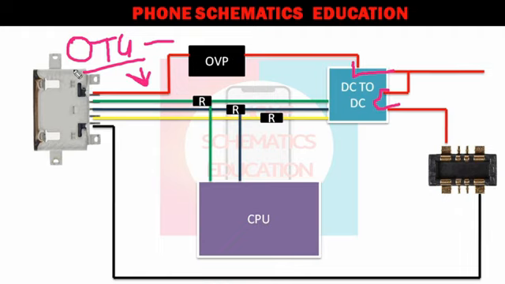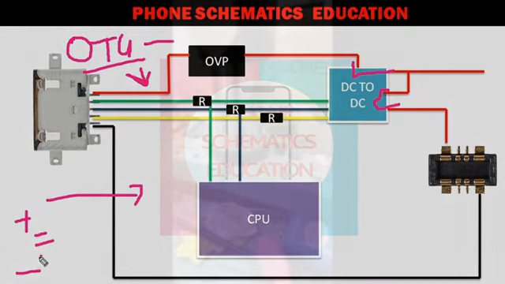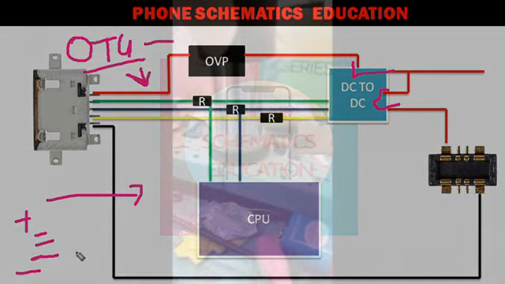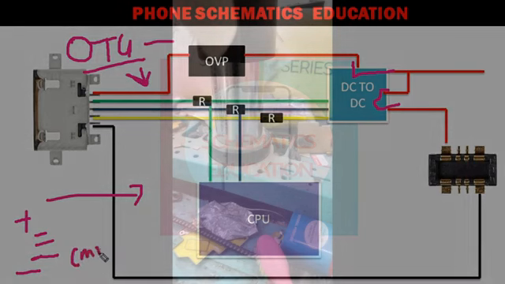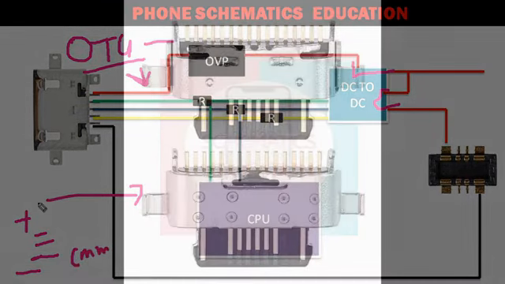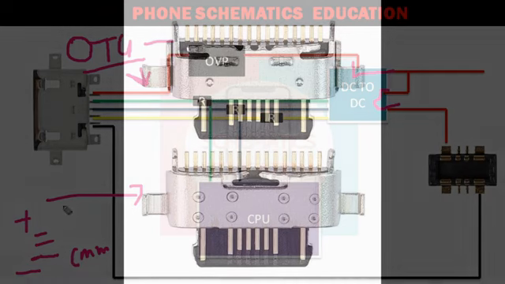Now I'm giving you this information because on a C-type charging port, let's move on to the C-type charging port. You will see a positive line, a negative line, DM, DP, and also a line with a new name connected to the OTG connections. So let's move on to the C-type port, right?